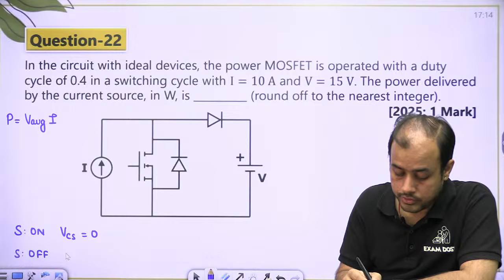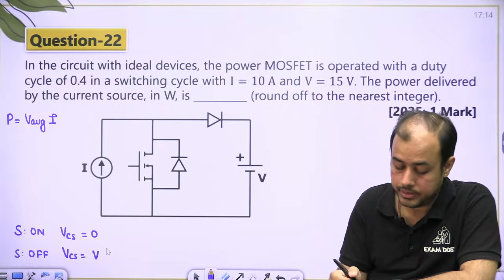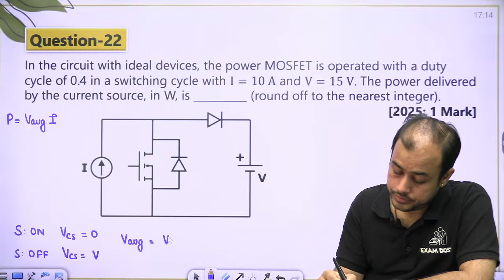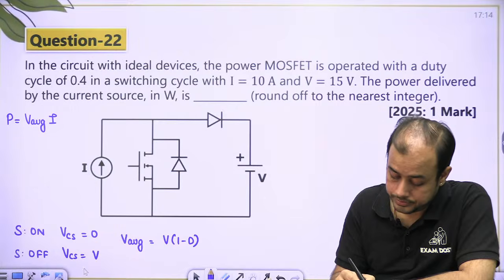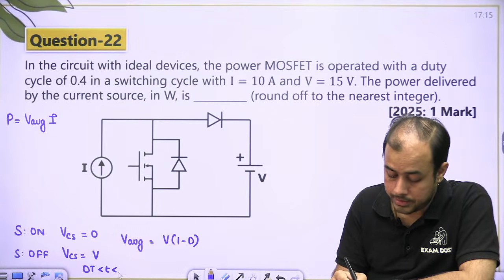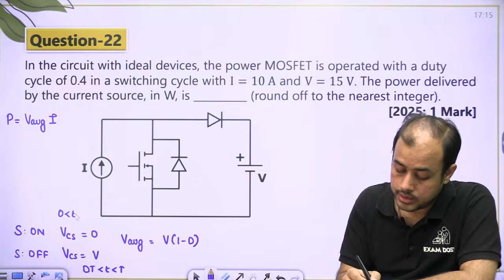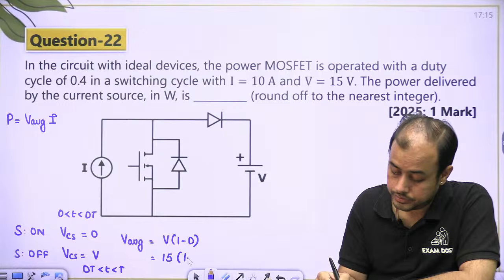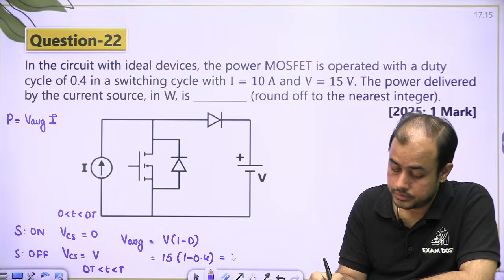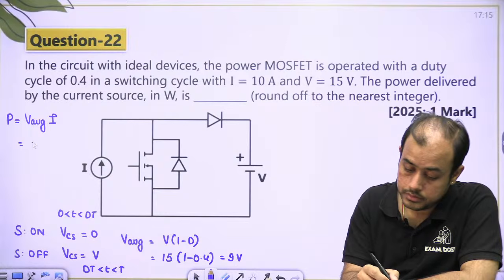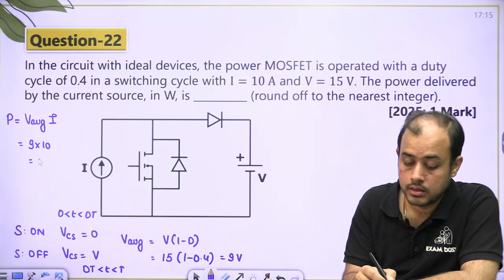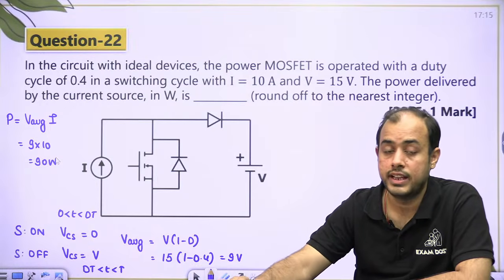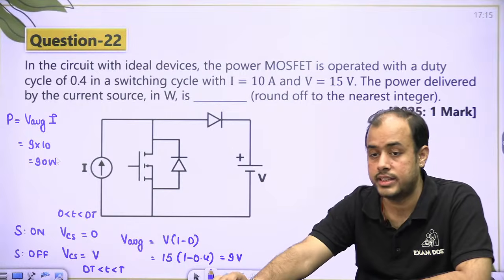When switch is off, voltage of current source will be V. This will happen between D and T, and this will happen between 0 and D. So the answer is 90 watt. Whenever the switch is on, the voltage is actually 0.